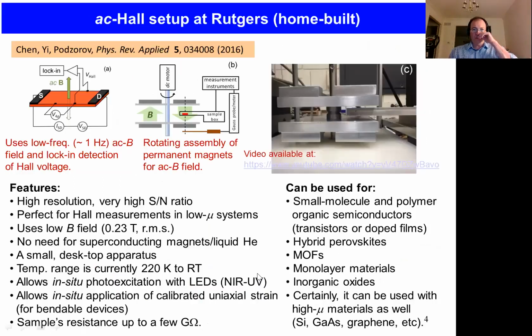So in order to solve this problem of signal to noise ratio, we have recently introduced this high resolution AC Hall methodology for Hall effect measurements, which is basically using a well-known concept of phase sensitive detection using lock-in amplifier.